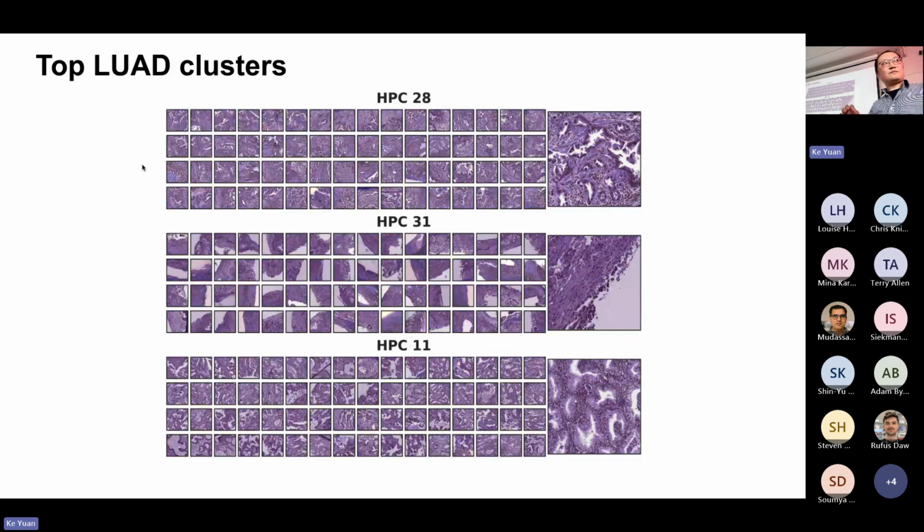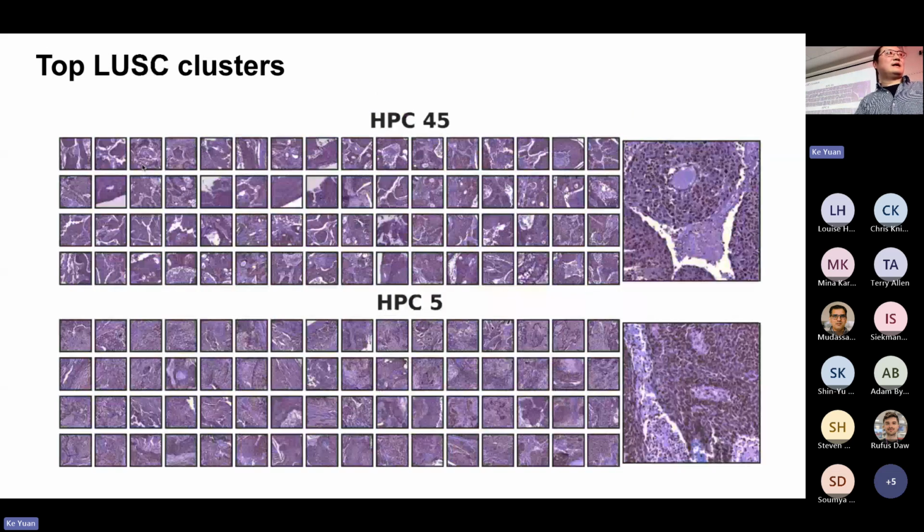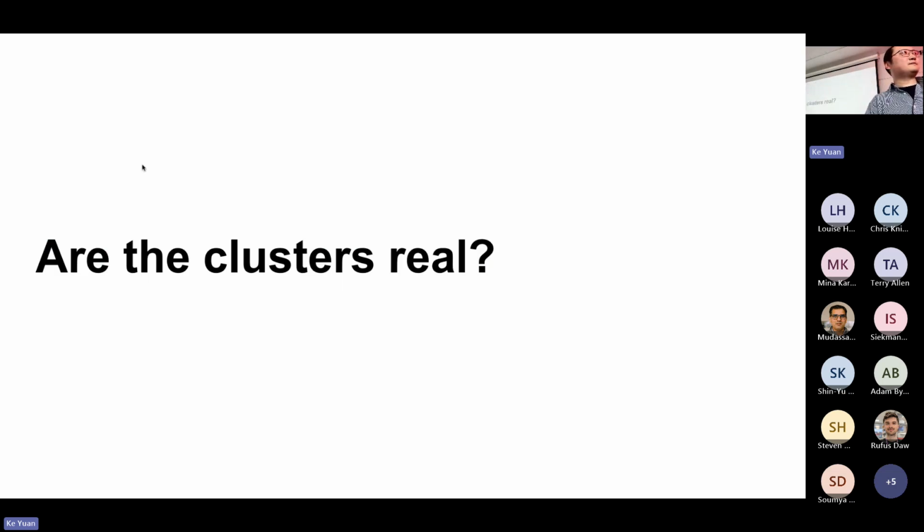When we look at the clusters linked to different classes, it really is able to pick up the characteristic phenotypic appearances of LUAD in this case, and those people would expect to see in squamous cell carcinoma. In this case, what we call a solid pattern, we have a lot of sheets of immune cells there.